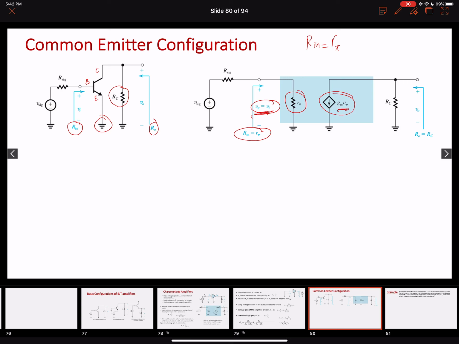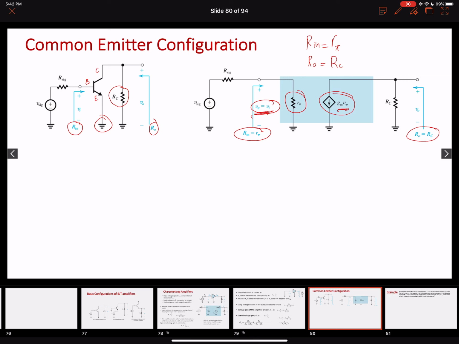So our Rn equals R pi, and secondly, our output resistance, the resistance looking at the output terminal, our R naught equals Rc, the resistance that we have connected to convert this amplifier into a voltage amplifier. All right, essentially we are going to go through the same process of writing down these voltage divider equations and finding out the open circuit voltage gain, the voltage gain of an amplifier with the load resistance attached, and finally the overall voltage gain of an amplifier.